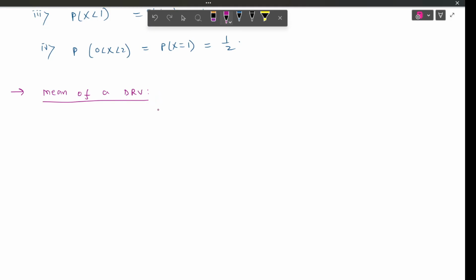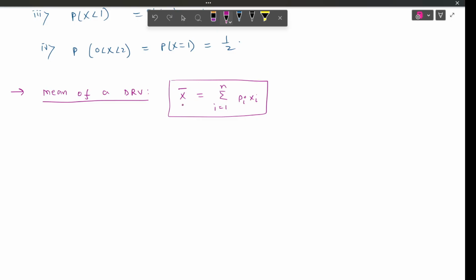Okay, so the mean of a discrete random variable is given by x bar equals summation of i equals 1 to n of pi xi. That's all. This mean of a random variable x is also known as mathematical expectation or expected value.